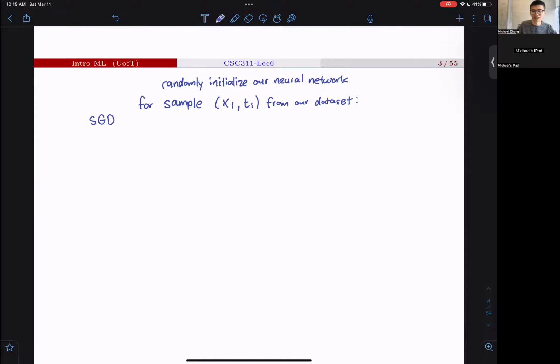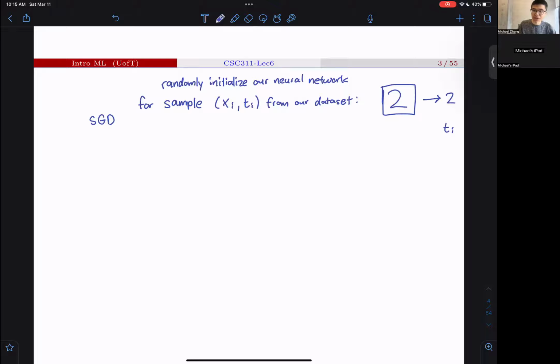As a motivating example, we can consider the MNIST data set. So we might sample a picture of a 2, and the t_i here is going to be the label 2. And that's the goal of what our neural network is trying to learn.